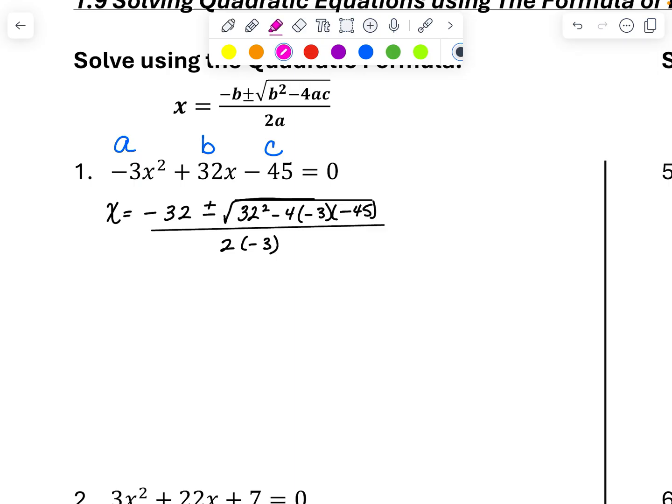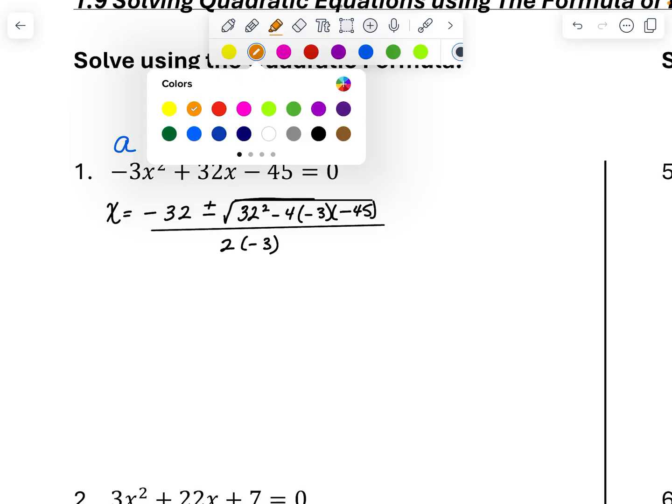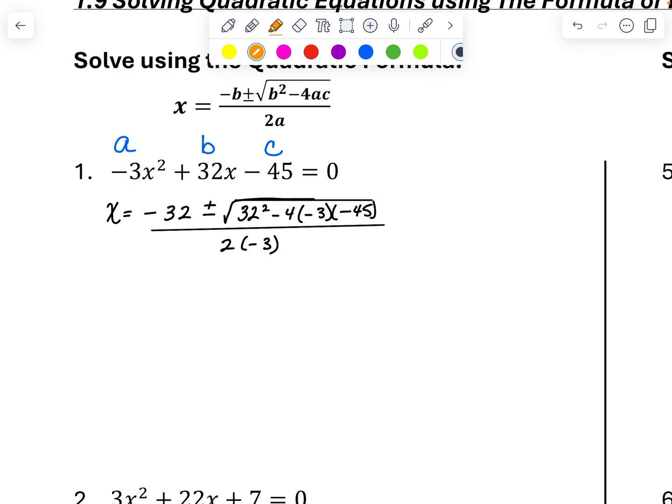And then I would tell you to take the part inside the radical, so this piece right here, and put it in your calculator.